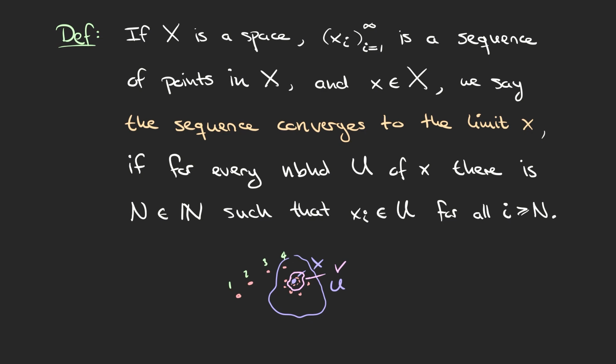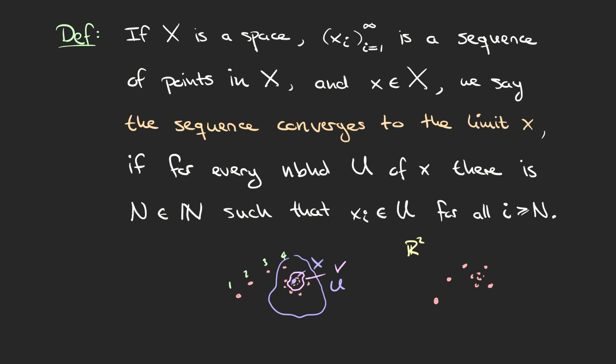In contrast, if we think about convergence in R2, what we're doing there is pretty much the same thing. So if we have the same sequence in R2, then instead of taking arbitrary neighborhoods, we're just taking balls of radius epsilon.